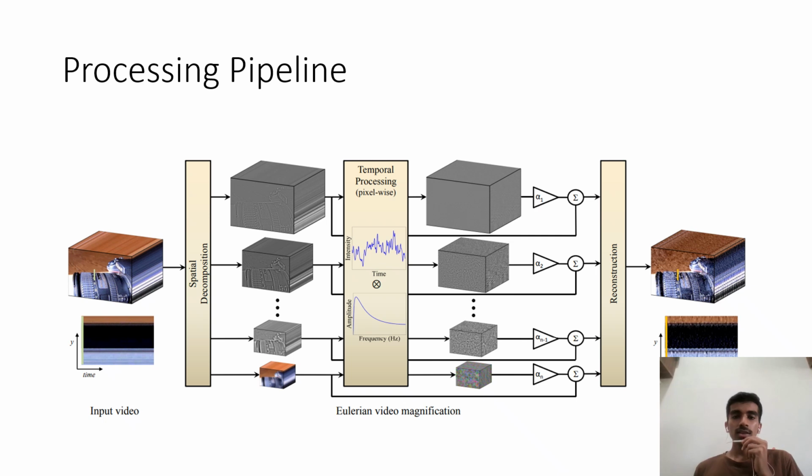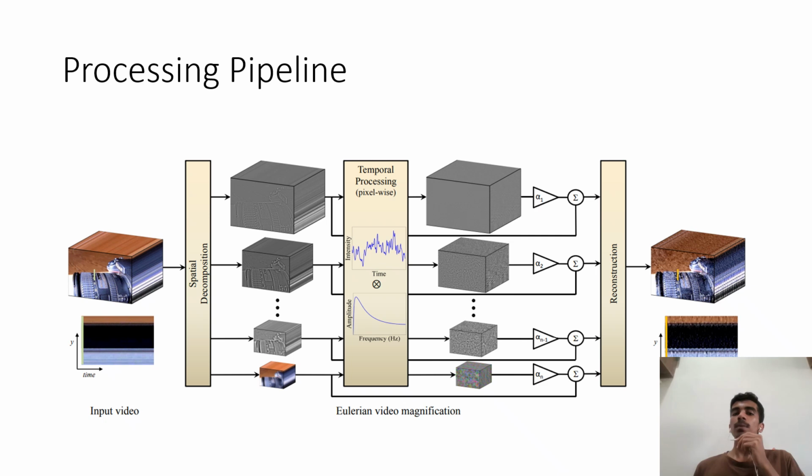So next is the temporal filtering phase. Here we stop looking at the image as a picture and start treating every pixel as a time series signal. We apply a bandpass filter as we discussed earlier. The graphs you see here represent that filter.